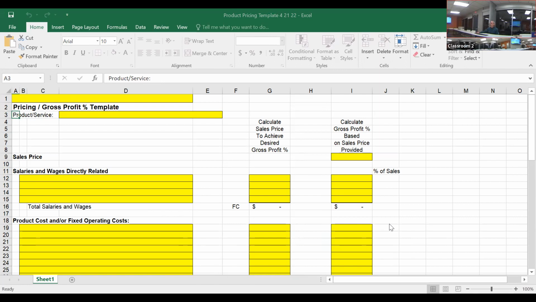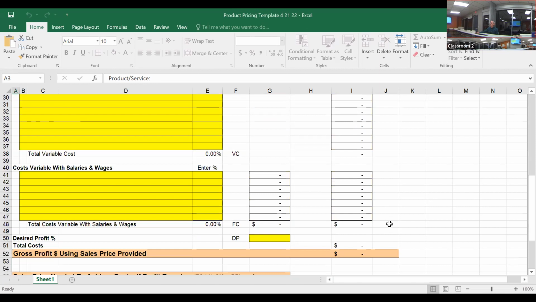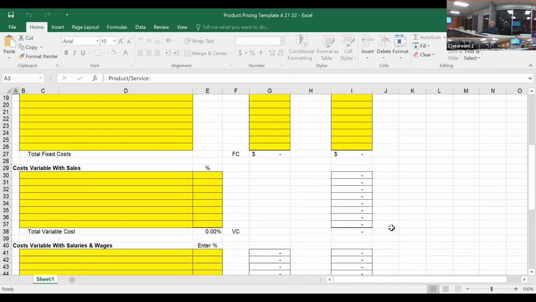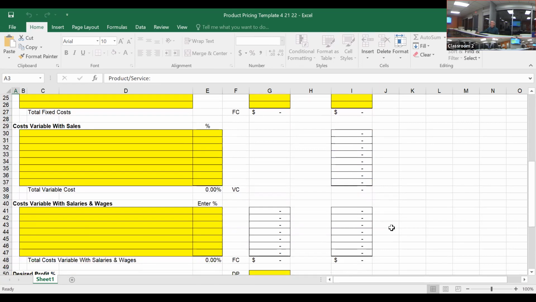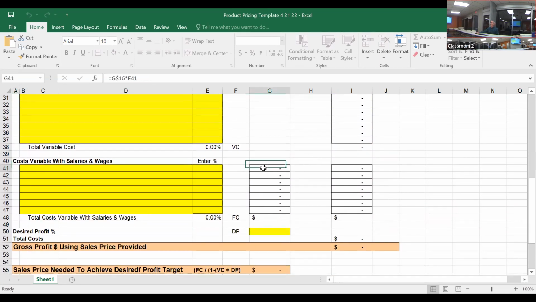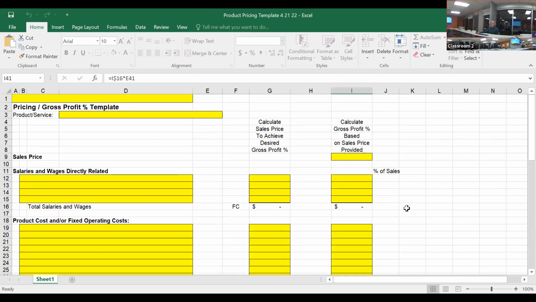If we go down the slide a little bit, you're going to see there are also some empty fields here, and those empty fields are where there are calculations. So you don't want to put data into those blank fields like this one here or this one over here. They're protected, so you probably won't be able to change the formulas, but it's important to keep that in mind.